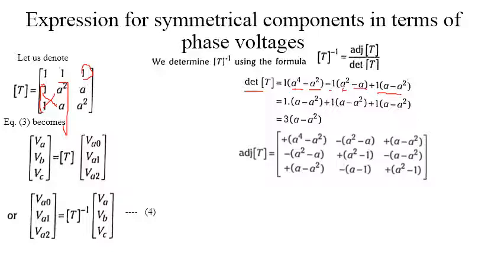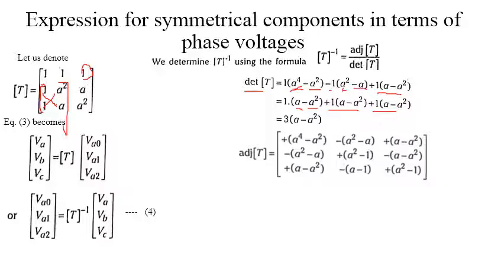Just rearrange that. A to the power of 4 can be written as A to the power of 3 into A. A cube is nothing but 1, so this is A. This is a minus A square. Here we are just making a rearrangement, this is a plus. So A minus A square, then we will get plus A minus A square.